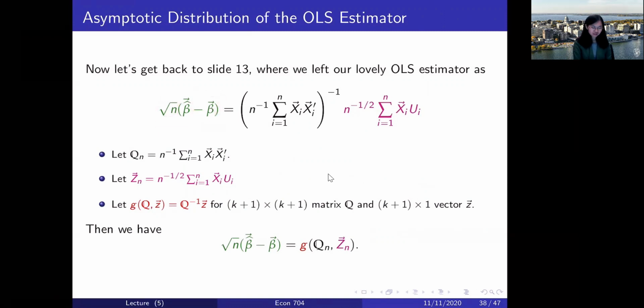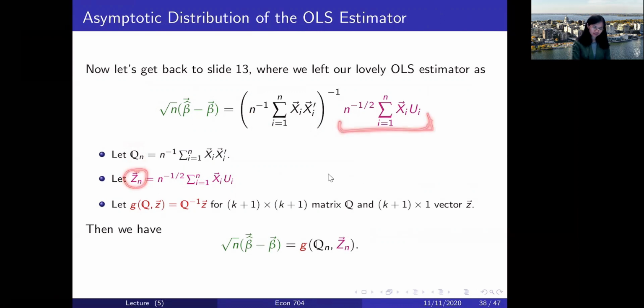Root n times this recentered version of the estimator equals this matrix inverse times this random vector. Now we're going to let this matrix be Qn. So that's our Qn. We define Zn to be this pink random vector.